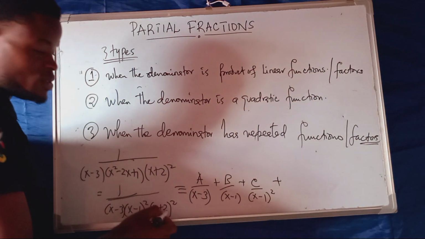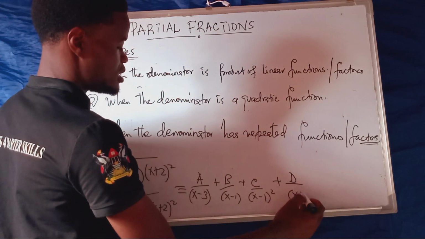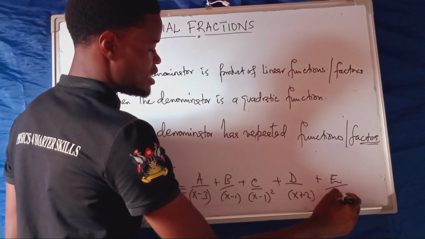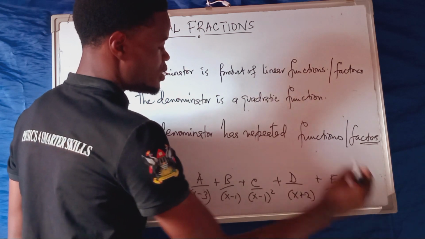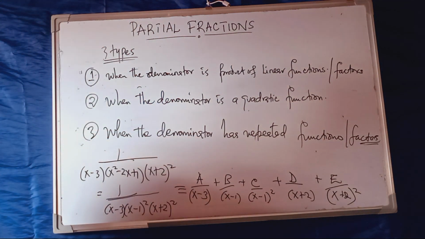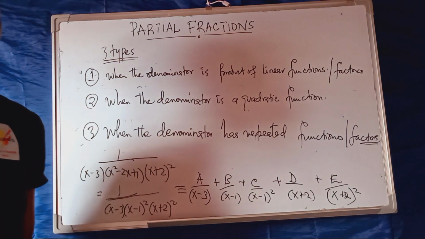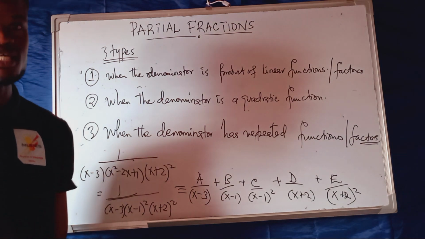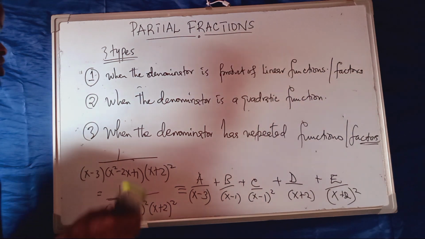Then we also deal with this, so it will be d out of x plus 2, then plus e out of x plus 2 squared, which is quite interesting. So you have to solve for 1, 2, 3, 4, 5 unknowns, which is very easy by just playing around with the x's, put x this, put x that, and everything is fine.